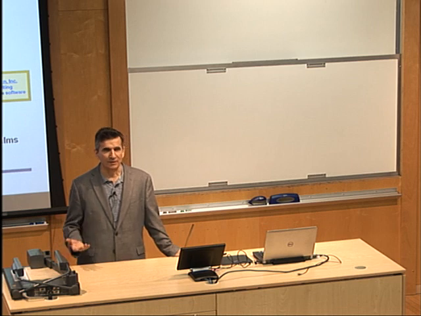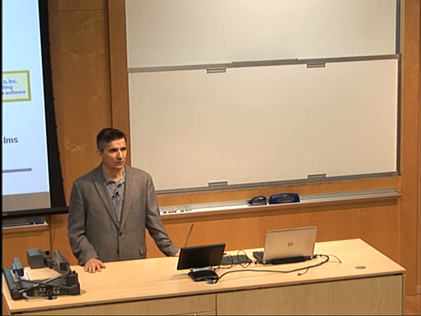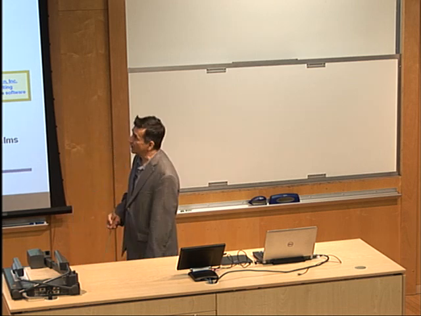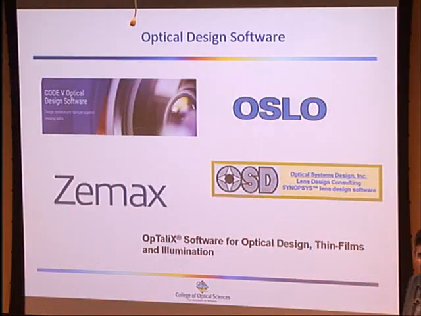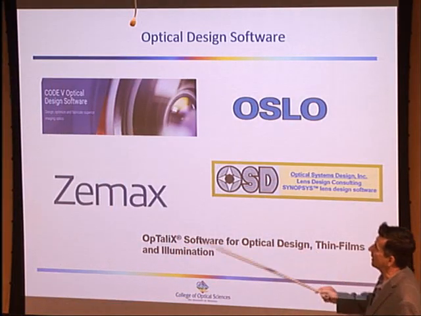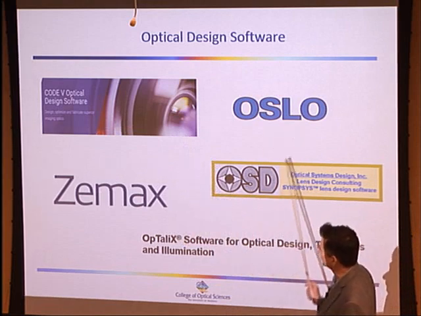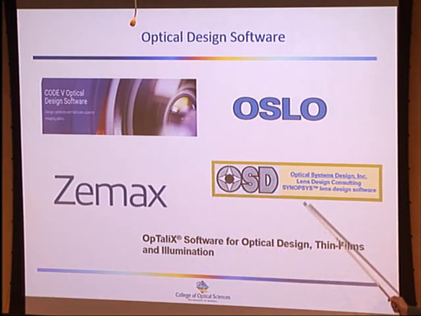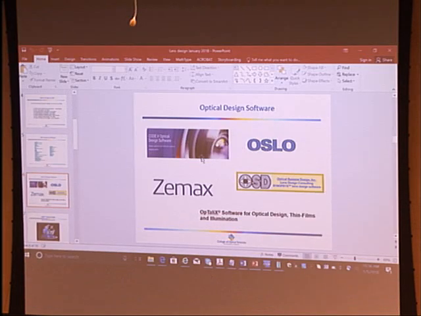It will be very important in your life, optical design software. And in terms of lens design, some of the software we use are Code V, Oslo, Zemax, Synopsys, Optical. Let me just give you a little bit of a sense of how this software looks.